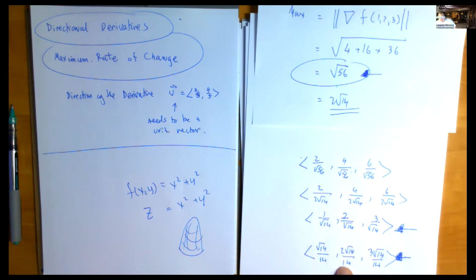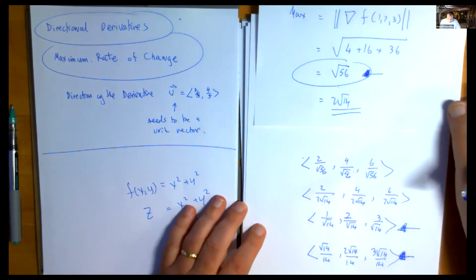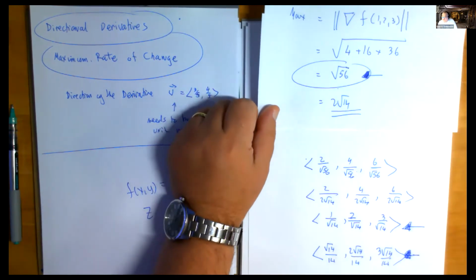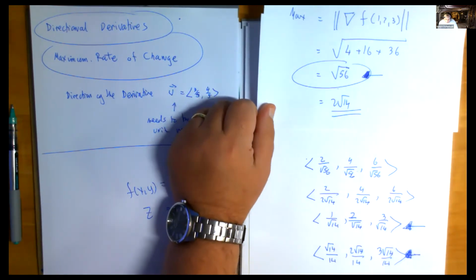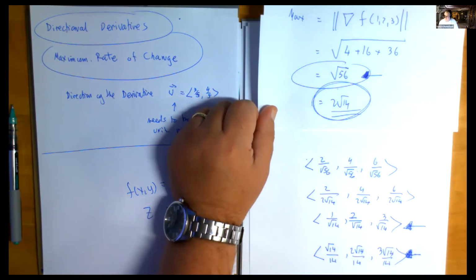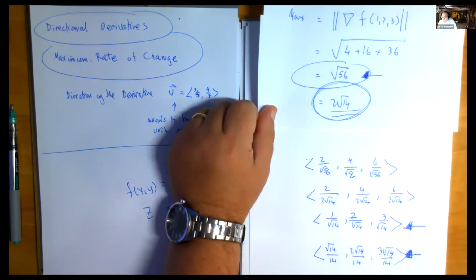I mean, that guy is just simplified by rationalizing the denominator. So where do we go with this? We have a large number of different versions of the correct answer to what direction you should go. Thankfully, there's only really one answer to what's the magnitude of the directional derivative, right? What number would it be?